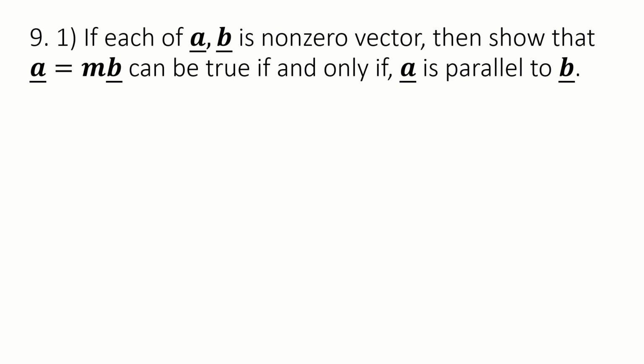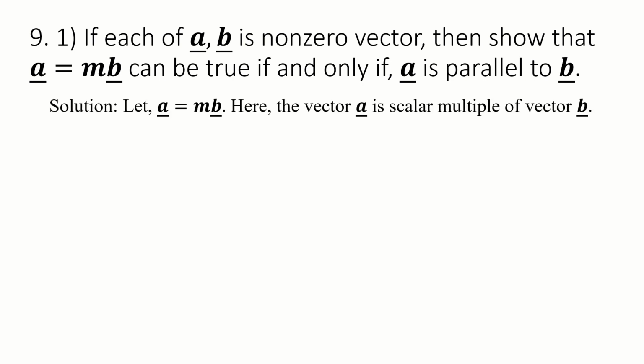If and only if, that means if A vector equals m B vector, we can write A is parallel to B vector. Similarly, if A is parallel to B vector, we can write A vector equals m B vector. Okay, now solution. Given condition is A vector equals m B vector.